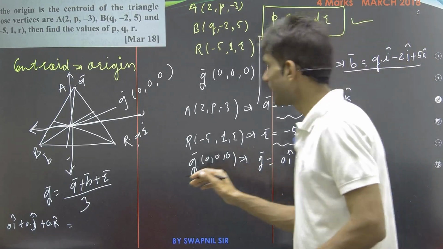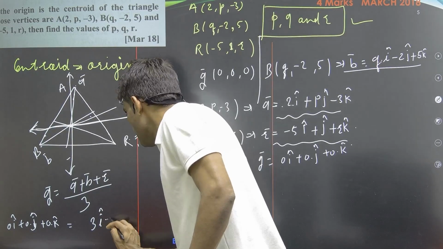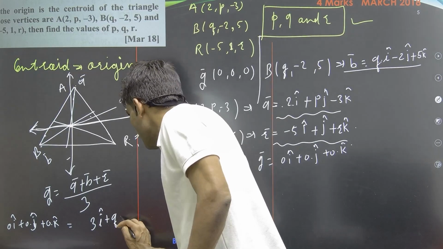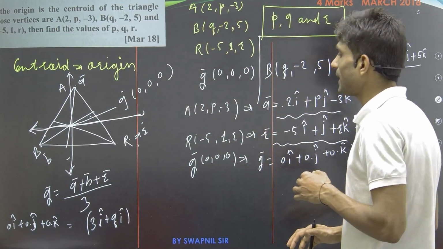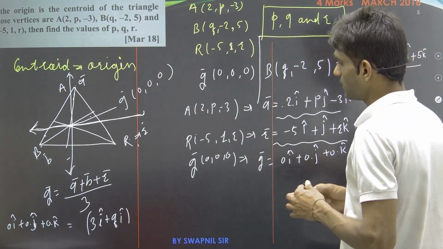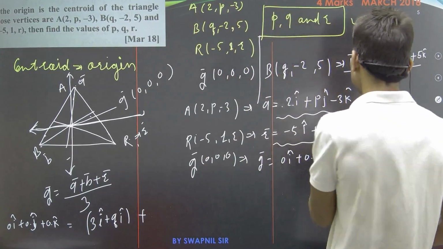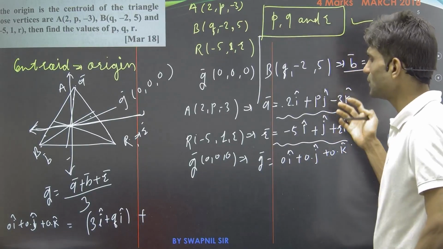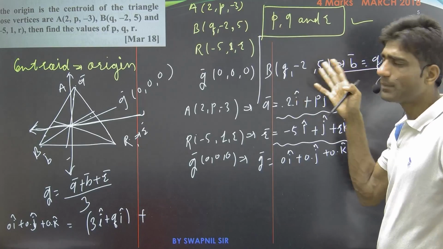So we have minus 3 times i cap plus q times i cap as the part of position vector a bar plus position vector b bar. Now we are adding a bar plus b bar plus r bar.